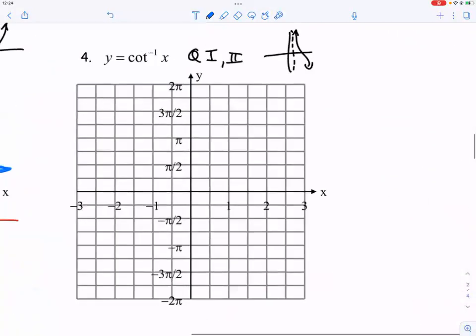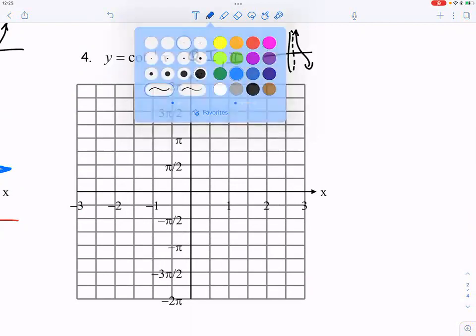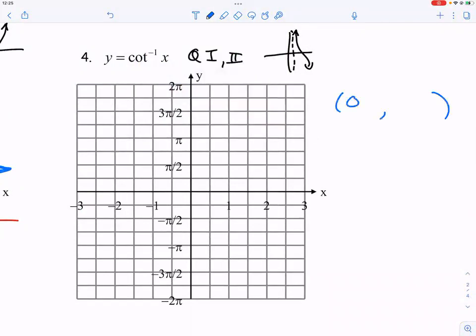All right, next up, cotangent. If you can sketch the graph right there, it's quadrants 1 and 2, so you can give yourself some values there.